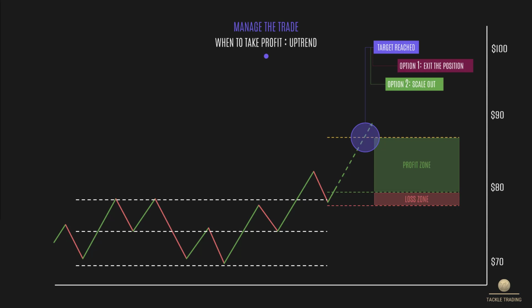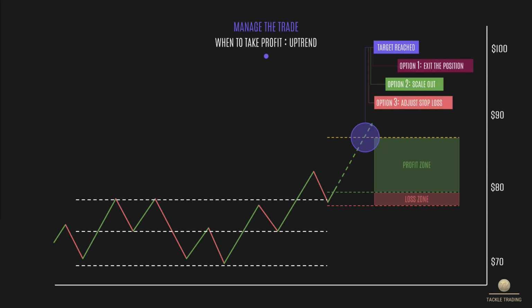But if I have 100 shares in the trade and it's going up to my target, and I've got some mixed, conflicting data on what I should do, option 2 is having the ability to lock in some of the profit, for example, perhaps selling 50 shares at our target and then trailing up that stop loss on the remaining 50 shares. That is an example of what is known as scaling out.